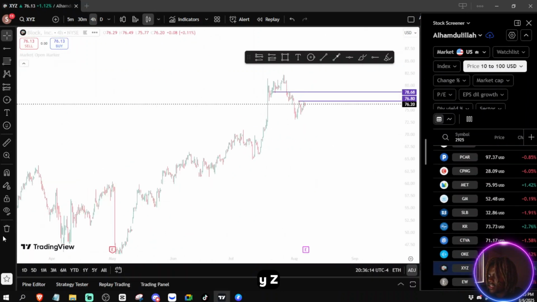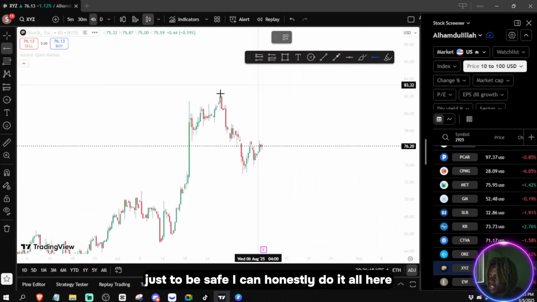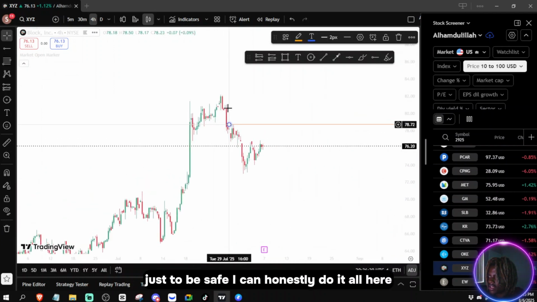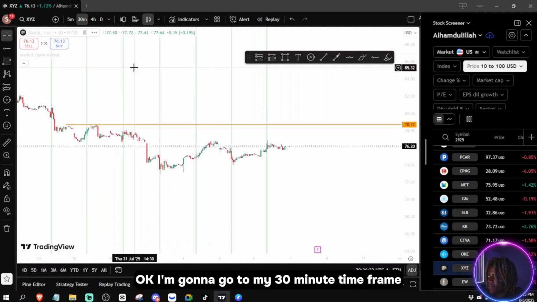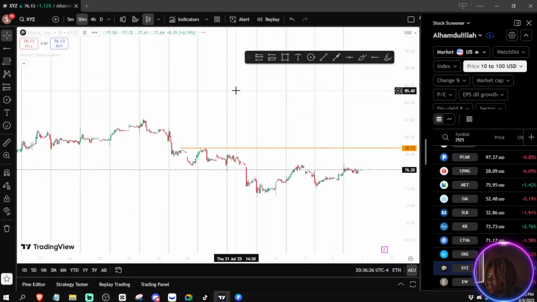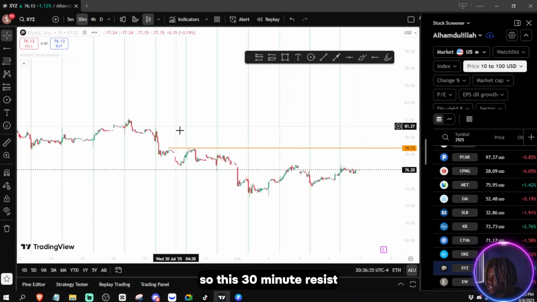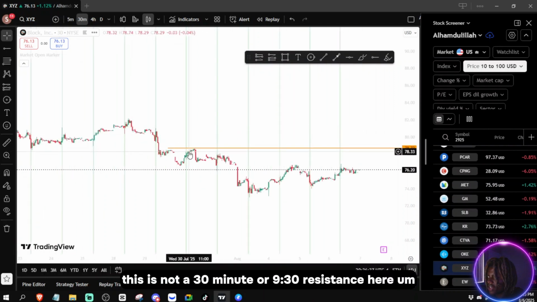Okay, XYZ. I think this is something I want to take. Okay, right here, just to be safe, I could honestly do it all up here. I'm going to go to my 30-minute time frame. So this is not a 930 resistance here.